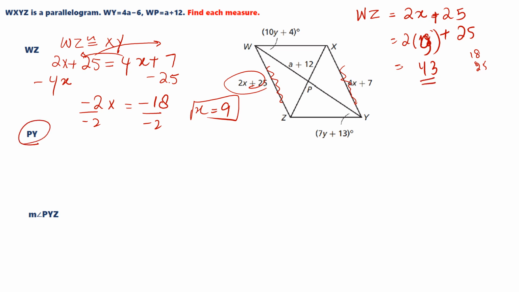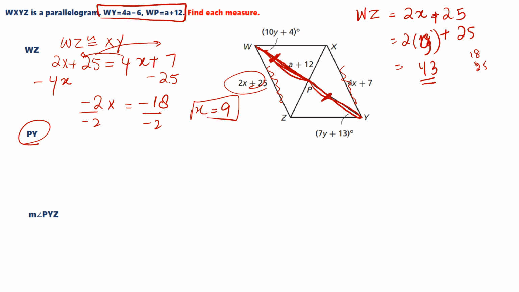Now let's find PY. This is PY, right? And this is WP. Let's check the information about this. WY is the whole thing and WP is this short part. You know that WP and PY are equal to each other.